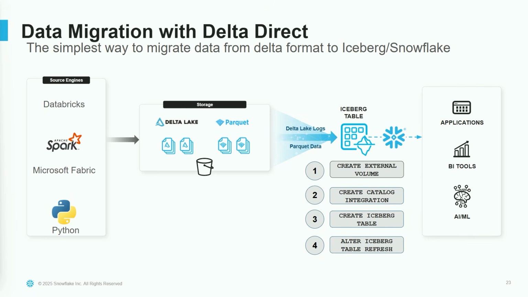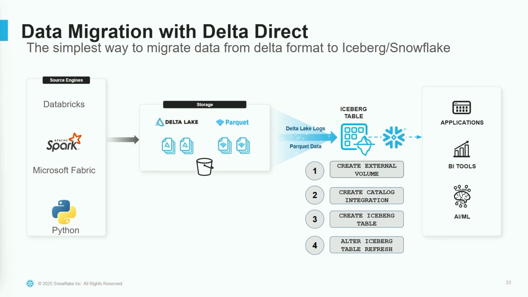We'll go left to right. We have several source engines here. As an example, Databricks, Spark, Fabric, and Python. Very simple. In the storage layer, in the Delta Lake or the Parquet, you have the Parquet files with the related metadata, and you just do 4 steps. You create the volume, then you create the catalog integration, create the Iceberg table, and set the refresh schedule.